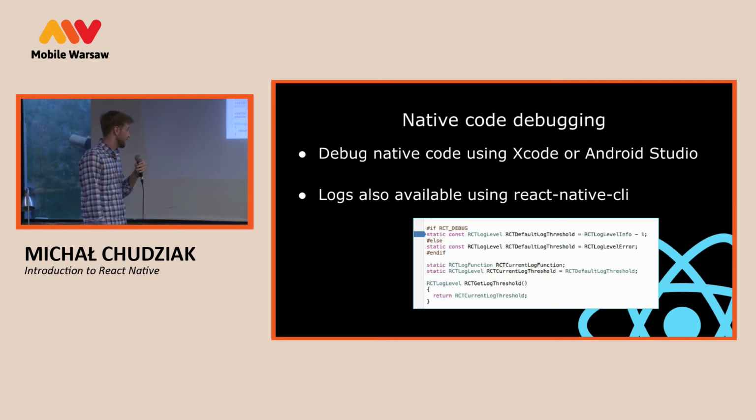So probably these two IDEs should be your first call. And I don't know, React Native CLI, I use it only if I have to debug something in continuous integration systems or things like that. So yeah.